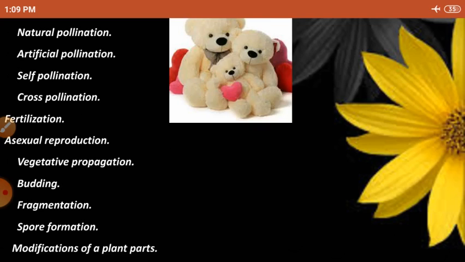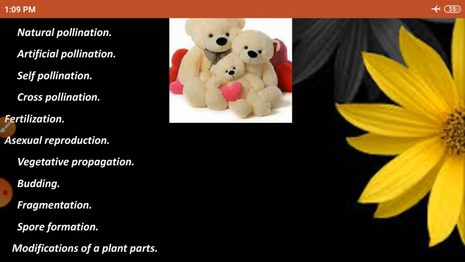And fragmentation: Spirogyra is an algae. The matured plant is cut into various small pieces, and those pieces grow, develop and finally become new plants.